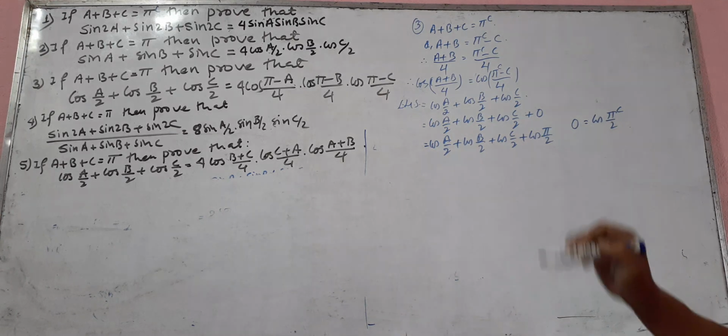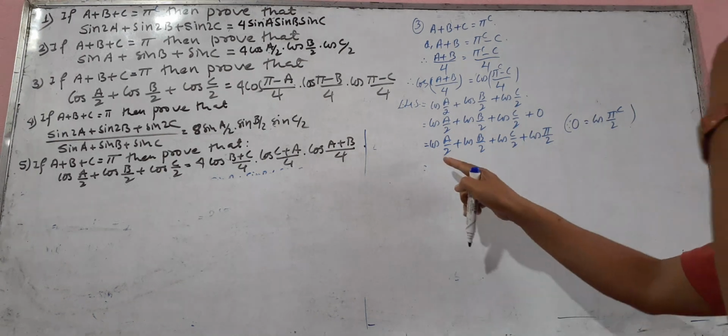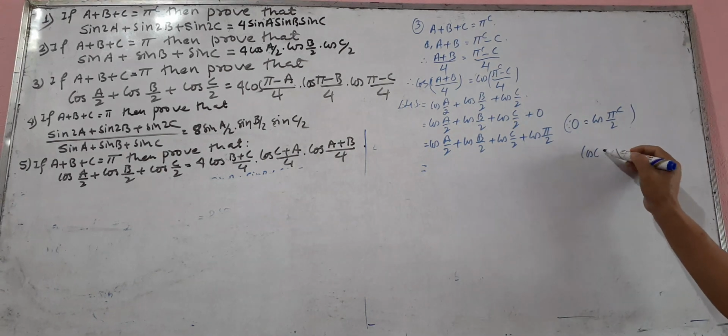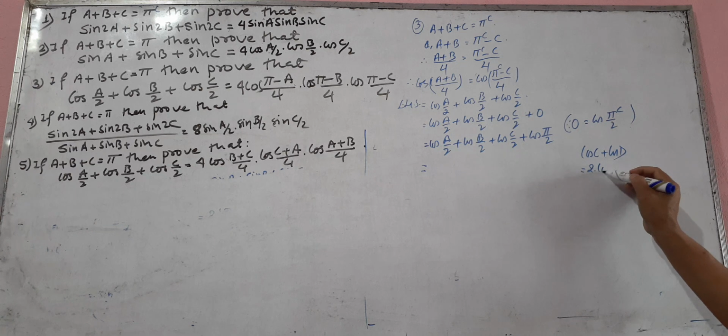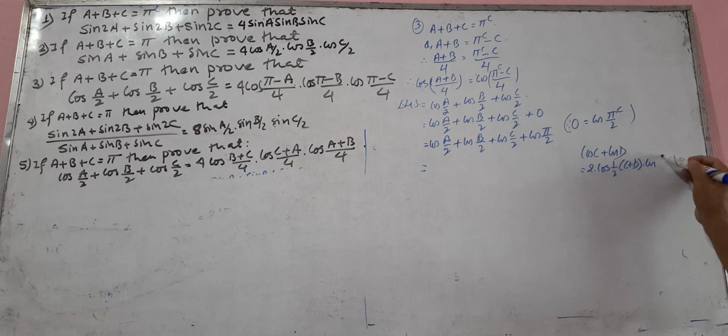Now we use the transformation formula of cos C plus cos D. You know that cos C plus cos D equals 2 times cos 1 by 2 (C plus D) times cos 1 by 2 (C minus D).